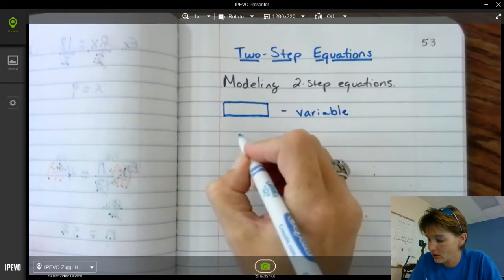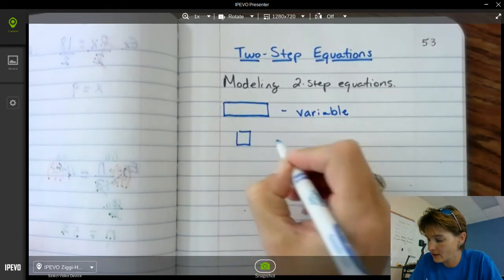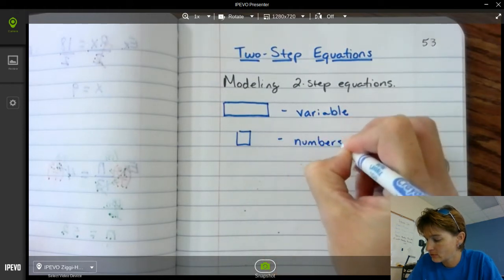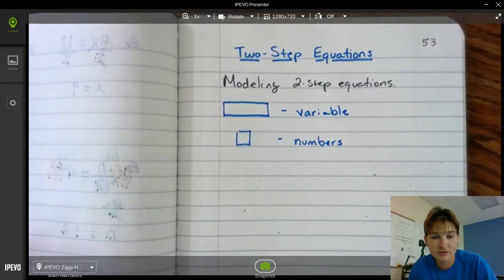Okay, and then your single squares are for your numbers. And that's usually how they're modeled.